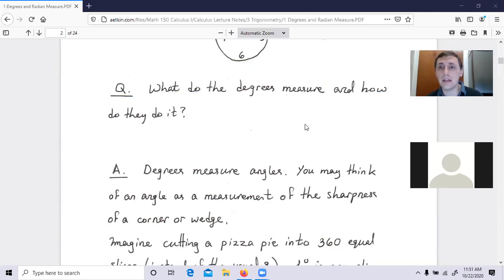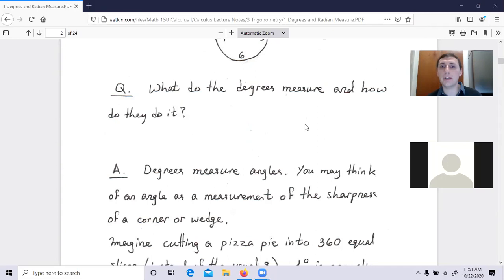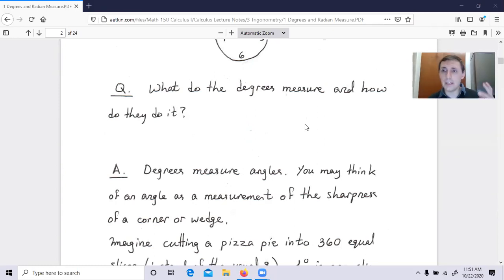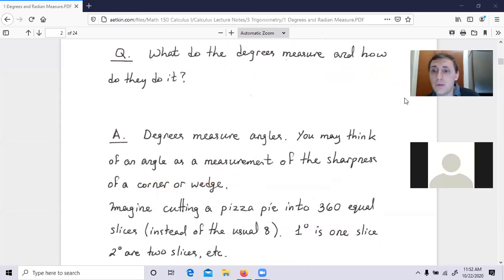If you look at a blade, take a blade of a knife and you ask how sharp it is, the angle is supposed to measure this sharpness, this edge. So if something is dull or sharp, the angle is acute or obtuse. So it measures the corner or the sharpness of a wedge.